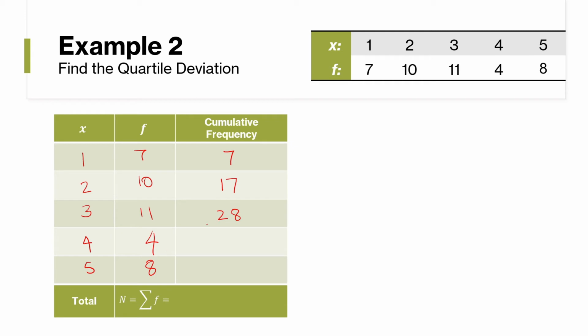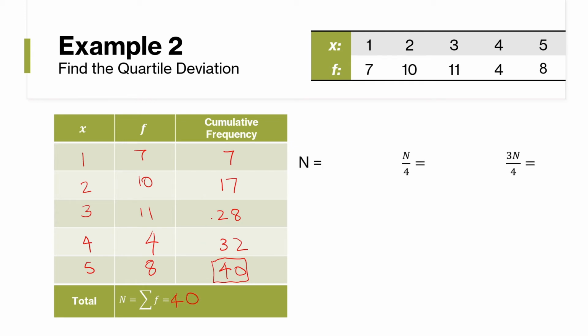Fourth row, 28 plus 4 is equal to 32. In the last row, you have 32 plus 8 is equal to 40. And if you remember, we said that the cumulative frequency of the last row in the table will be the same as the total number of observations.